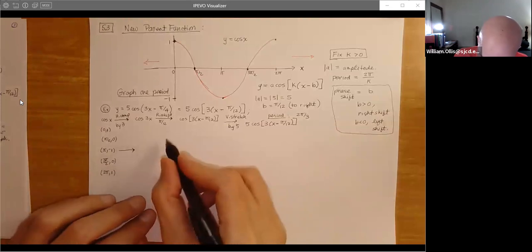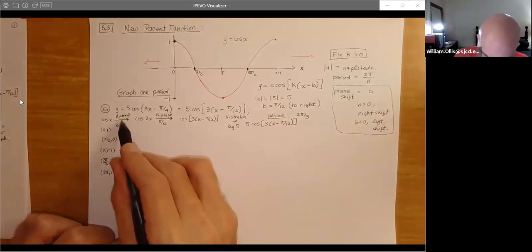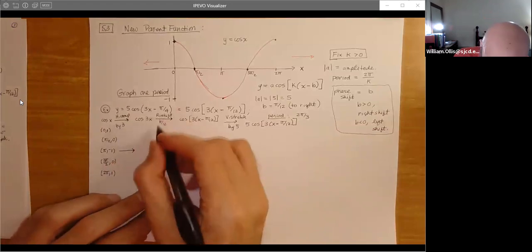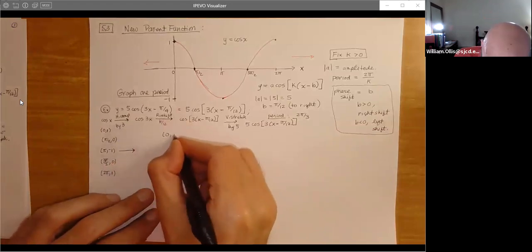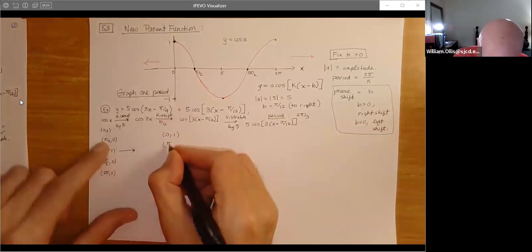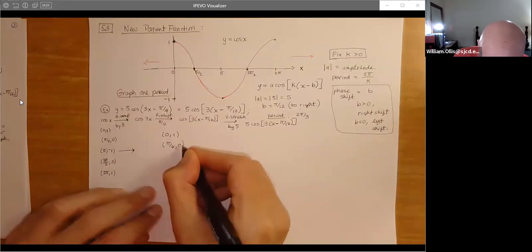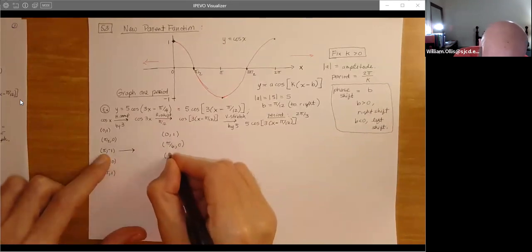We'll just shift this down a little bit. Now we do an H compression, so all of the x coordinates get divided by 3. So we have 0, and then we get pi over 6, and then we get pi over 3.